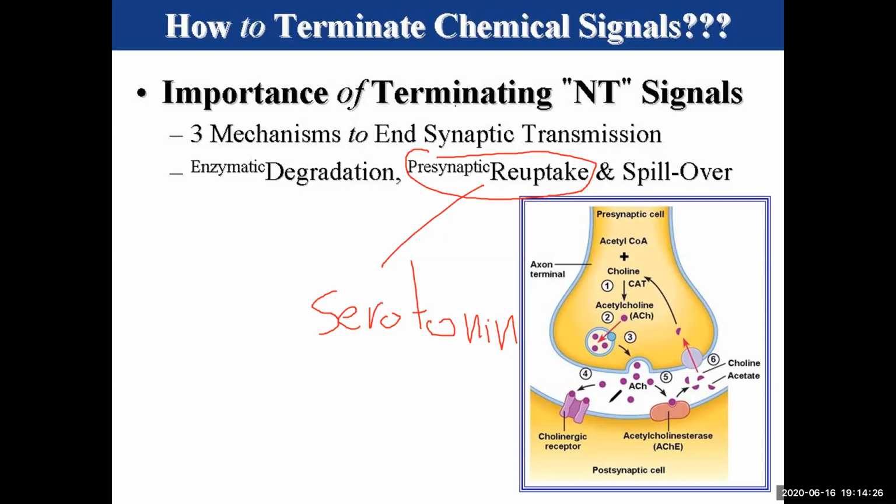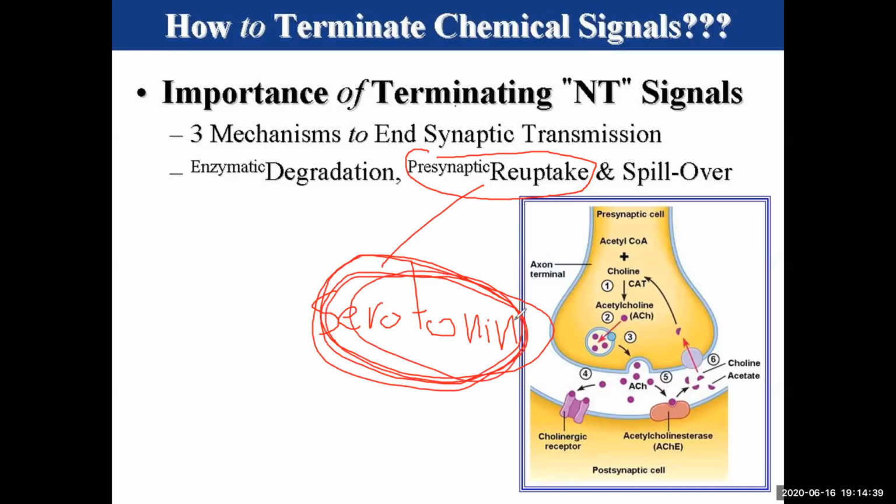Prozac is basically preventing the presynaptic neuron from reuptaking serotonin, allowing serotonin to stay longer in the synapse, to activate the serotonin receptor, to maintain synaptic transmission. That's an application right there.